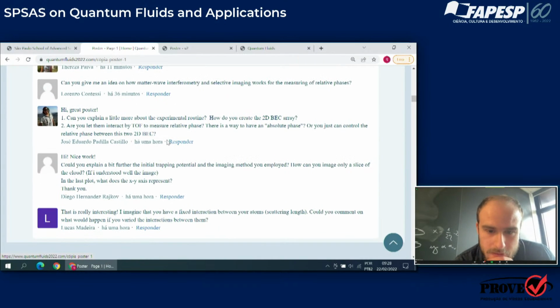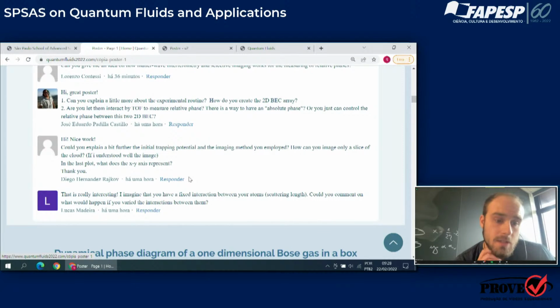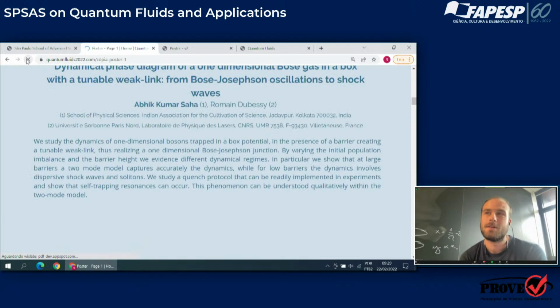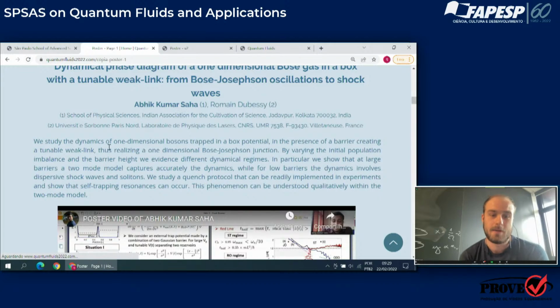Yeah, I believe I answered the questions about the trapping potential and the imaging method. There is a question about our last plot, the x and the y. Those x and y are variables that theorists use to simulate these systems, and those are parameters which are very difficult to measure directly by experiment.